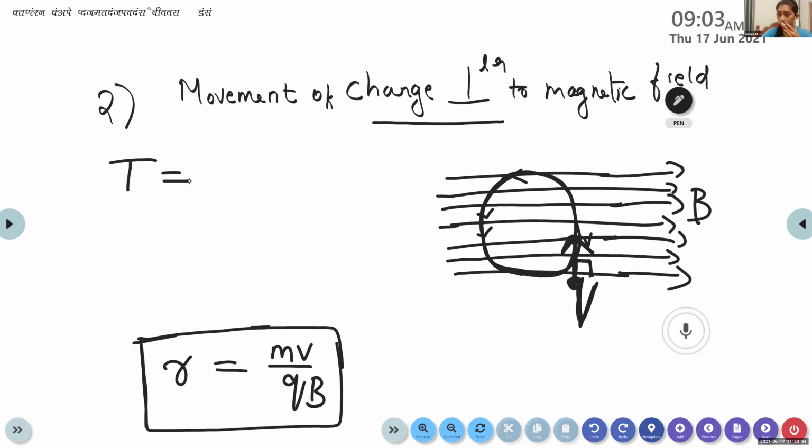T is equal to distance divided by velocity.